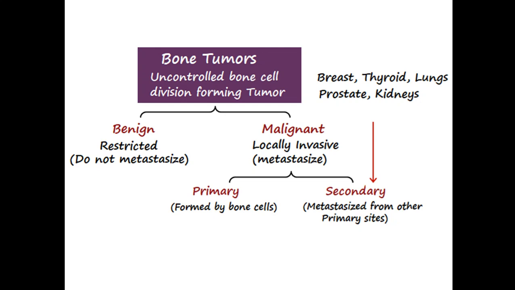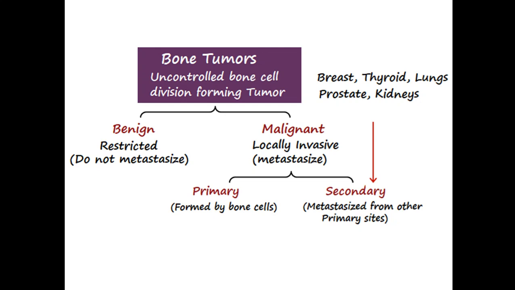The malignant tumors of the bone are divided into the primary malignant tumors that primarily arise from the bone cells. We know that the bone cells are the osteoblasts and osteoclasts, and the bone marrow contains some primitive cells known as the neuroectodermal cells and primitive mesenchymal cells, and tumors arising from these cells form the primary malignant bone tumors.